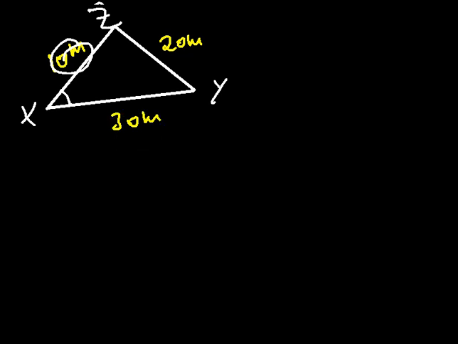Then we can apply the cosine law. So in this case, let me label the sides. This will be given as X, this is Z, and this is Y.